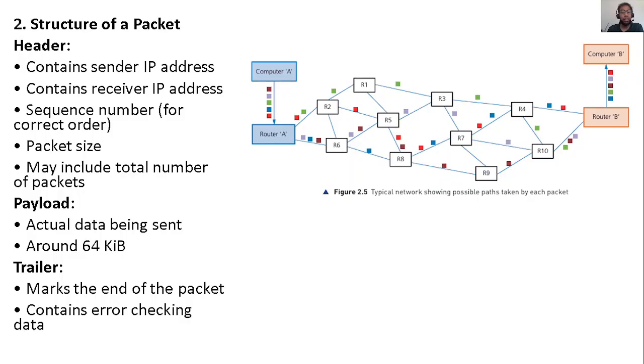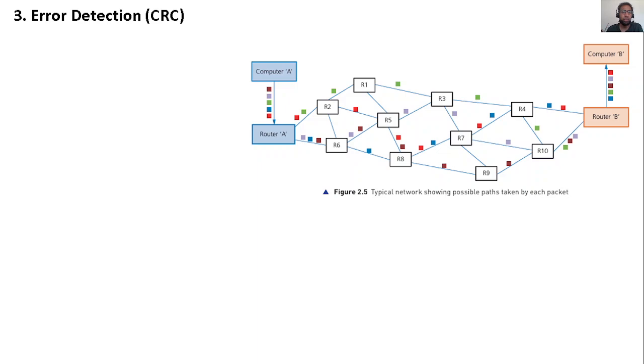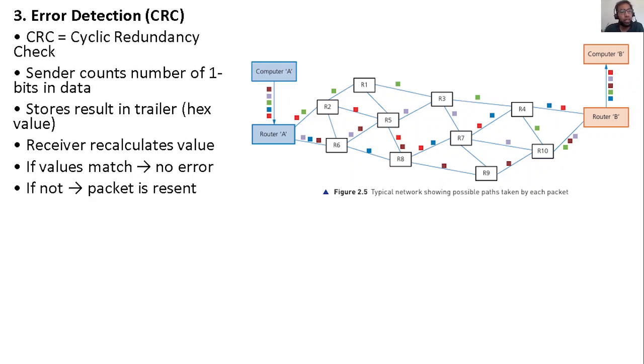The trailer is at the end because it has the error checking algorithms. One of the error checking algorithms is CRC, which stands for Cyclic Redundancy Check. What it does is count the number of one bits in the data. You will understand that once we do the example. It stores the result in the trailer as a hexadecimal value.